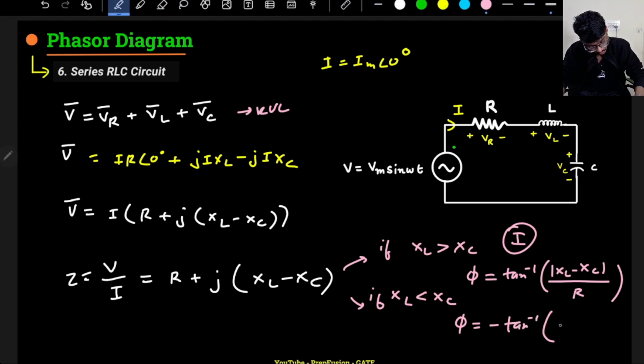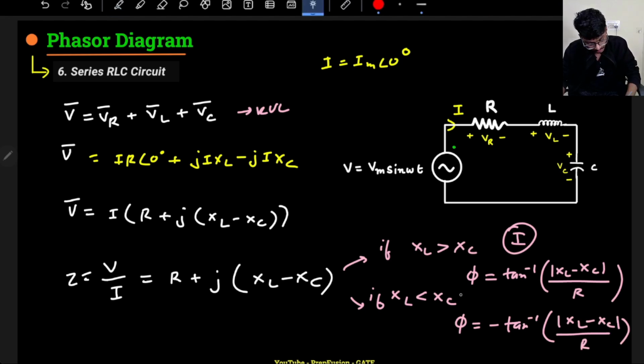As I am calculating the absolute value, it does not matter whether I write XL minus XC or XC minus XL, because ultimately it will give me the positive output. Very important, why? If XC is greater than XL, that means overall this quantity will come out negative, and if this quantity is negative, that means I am lying in the fourth quadrant. If this quantity is positive, I am lying in the first quadrant. I hope the angle and quadrants are clear.